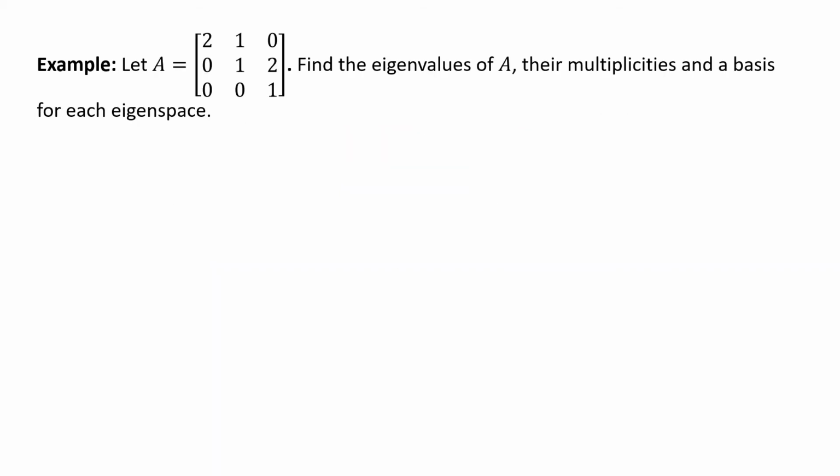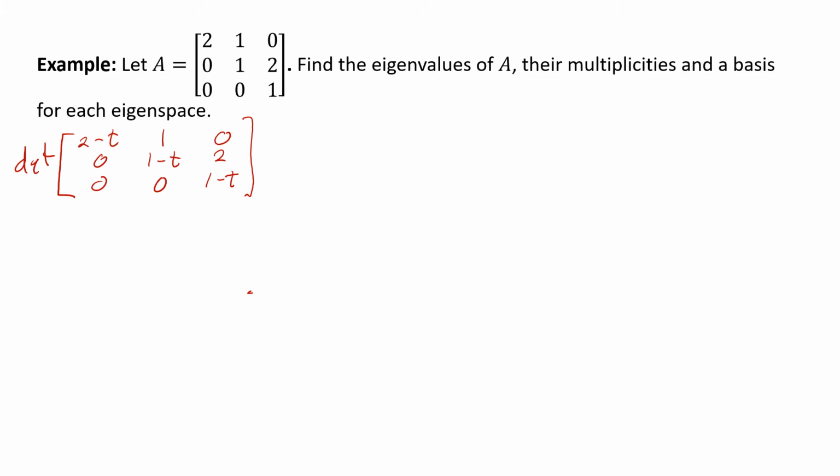So for instance, we have this matrix. We're going to find the eigenvalues of this, their multiplicities, and a basis for each eigenspace. So first off, we have to find the determinant of 2 minus t, 0, 0, 1, 1 minus t, 0, and 0, 2, 1 minus t.